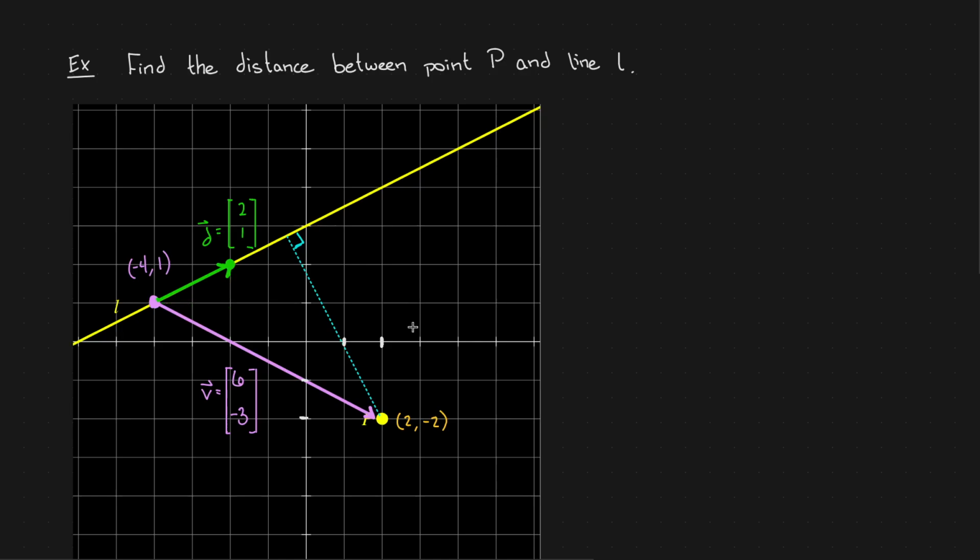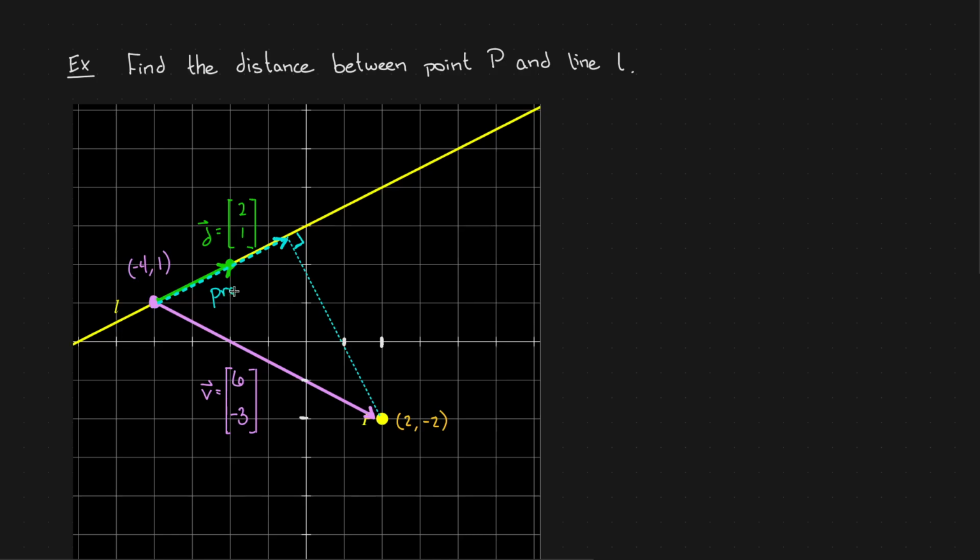So if I could find the projection of vector V onto vector D, that would be, I'm running out of colors here, that would be this vector right here.